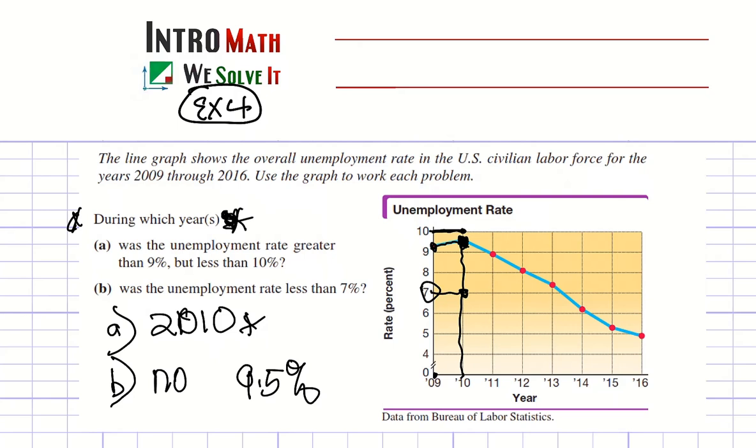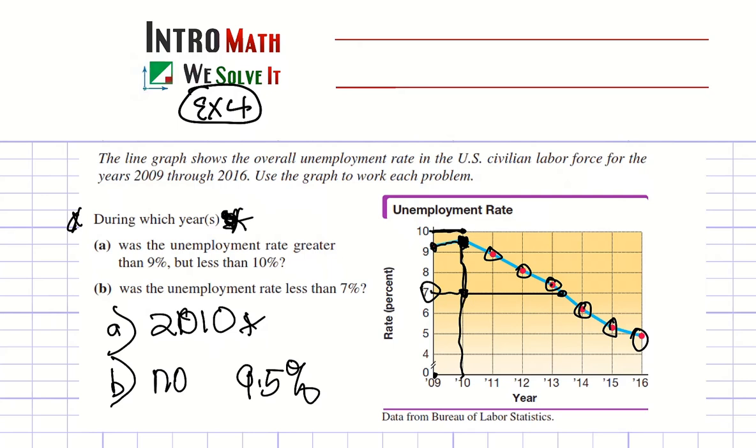Because you see, when it's less than 7%, it's over here. If you go over here, then it is less than 7% here, less than 7% here, less than 7% here, but above that is greater here, greater here, greater here.